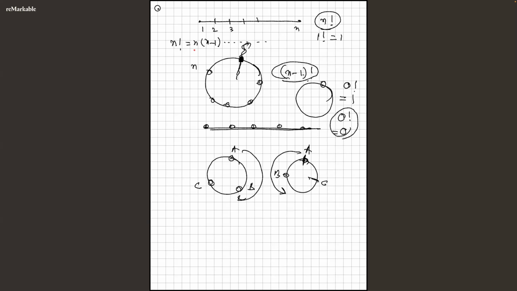There is something else involved which you do not understand. N factorial is n times n minus 1 till 1. However, the formula does not tell us what will happen when n is equal to 0 itself. But we understand 0 factorial is also equal to 1. You're getting the point, right?